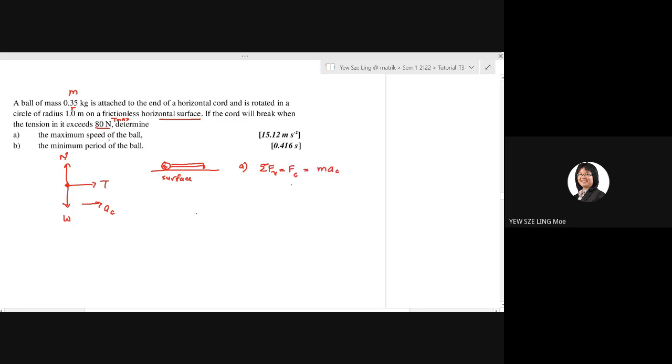You want to find the speed, so you need to expand the equation. If you look at the free body diagram, I have only one force along the x component, which is the tension. So T max is equal to mv squared over r. This v should be the maximum v as well, the maximum speed.